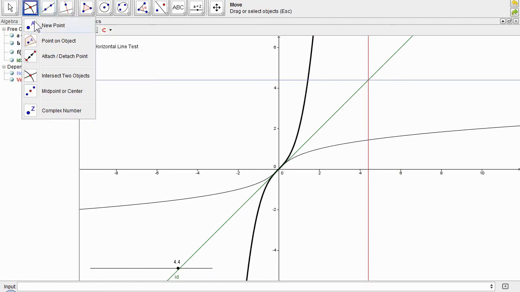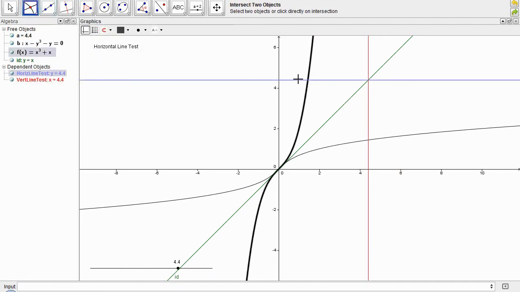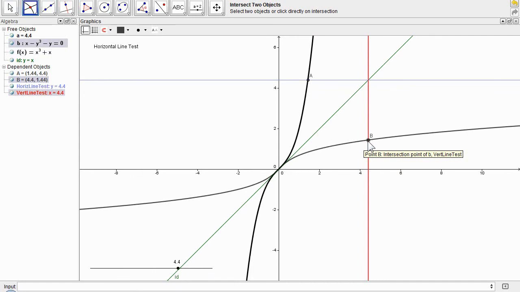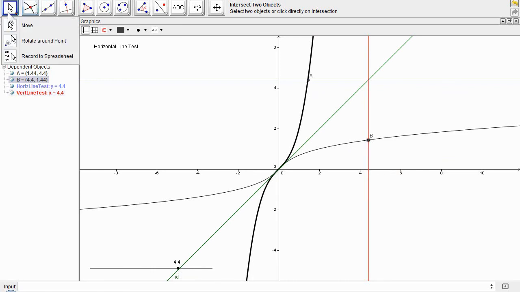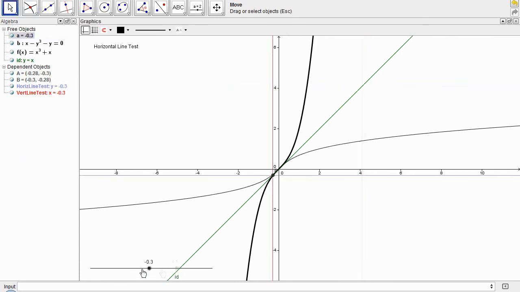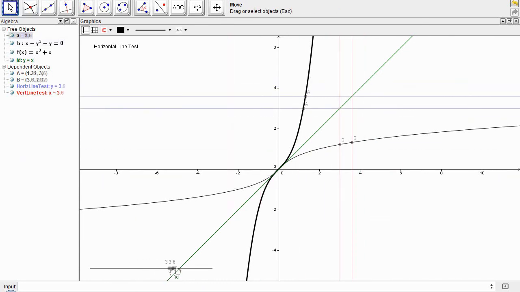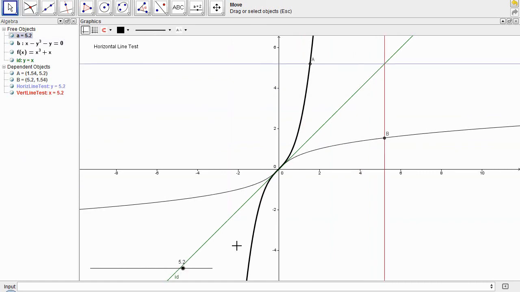Intersect here and here and here and here, and you'll notice that where it's crossing at A, it's 1.44 comma 4.4, and here would be the inverse, 4.4 comma 1.44. And as long as I move this back and forth, you will see, there we go. Passes the horizontal line test with no problem.